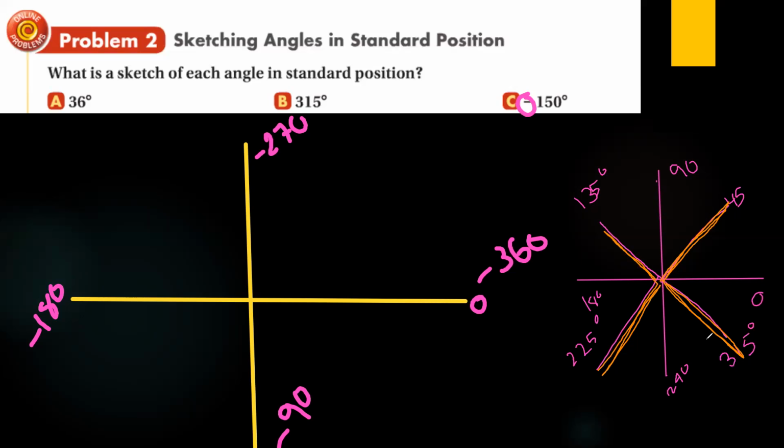Since it is negative, I have to start clockwise. 150, that means I am here in this quadrant. I need now to draw it. This is 90, this is 180. Now in the middle, what did we have? We have 90 plus 45. 90 plus 45 will be 135, but negative.